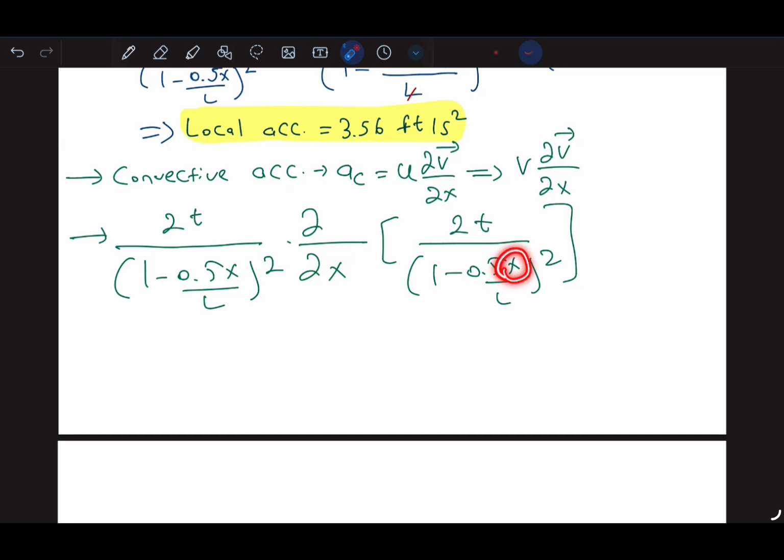So we have x here, and we are going to keep this as it is because it's just the velocity term on the left hand side of this term. So let me keep this as it is.